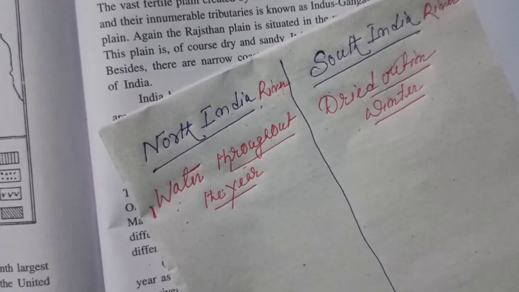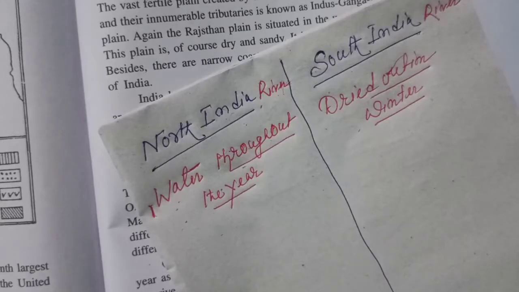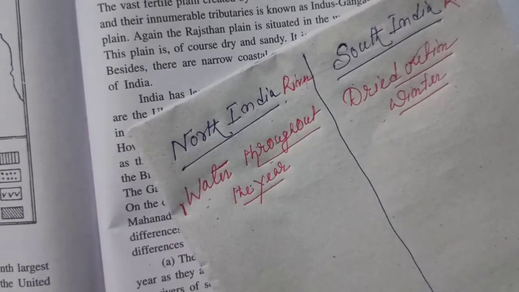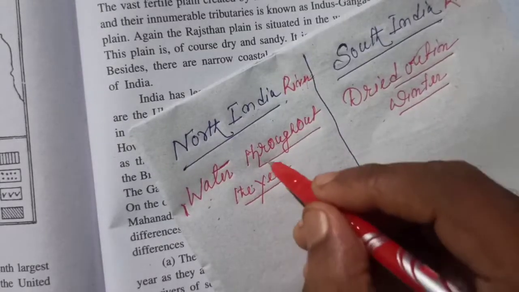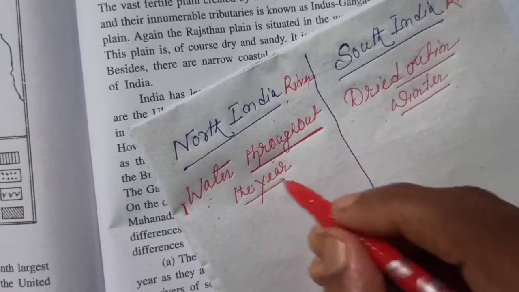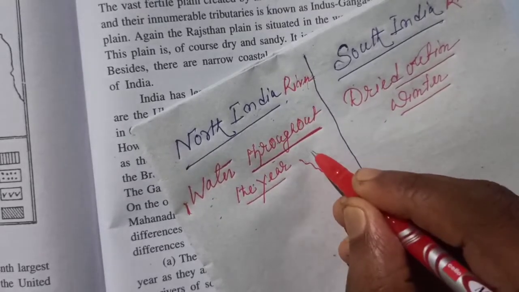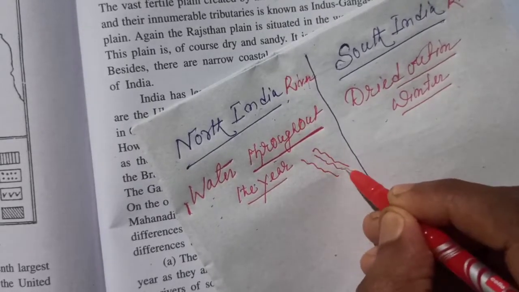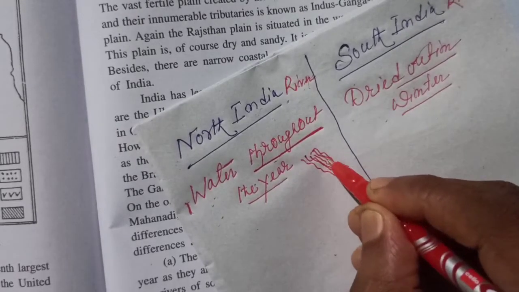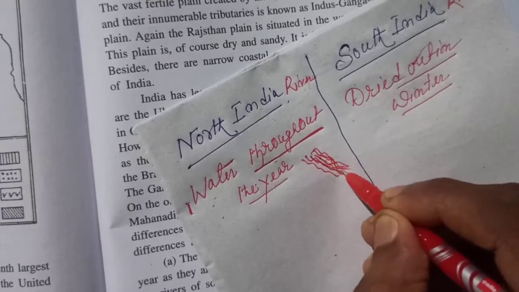The rivers come from high mountains, and in high mountains there is snow, and the snow keeps on melting throughout the year. That's why, when the snow melts, you will find water throughout the year, because the ice slowly melts and then water flows.